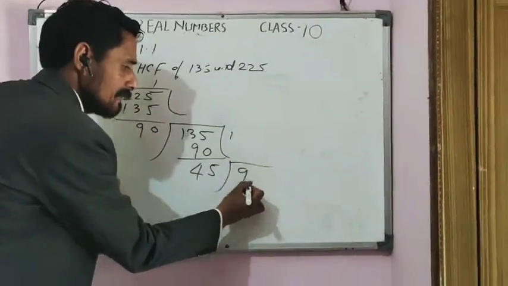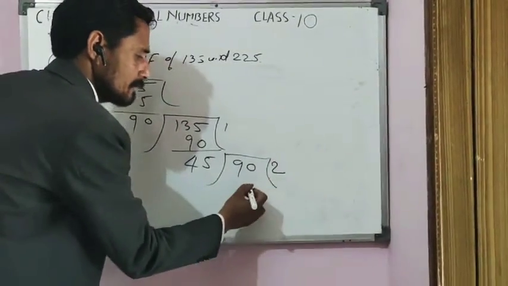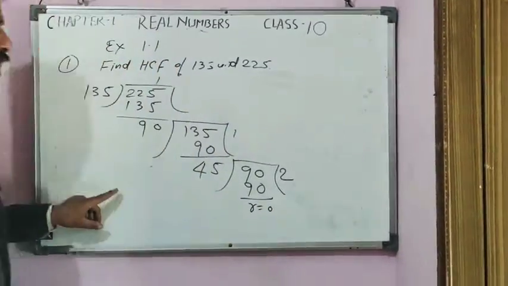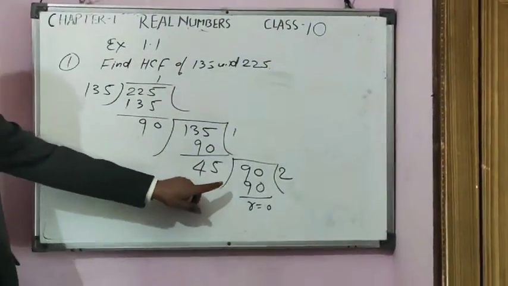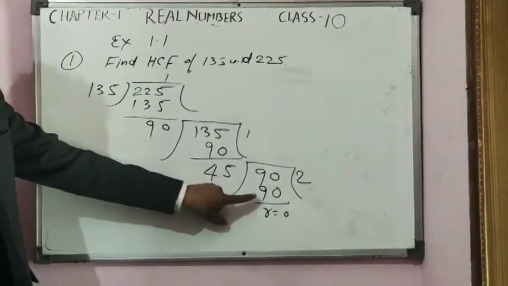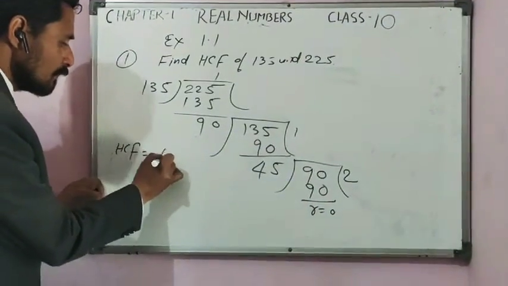So 45 divides 90 exactly 2 times, so we have remainder r equals 0. At this time 45 is the divisor of 90 and the remainder is 0. So the HCF of both numbers is 45.